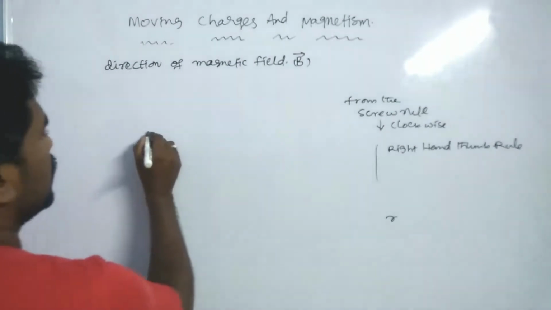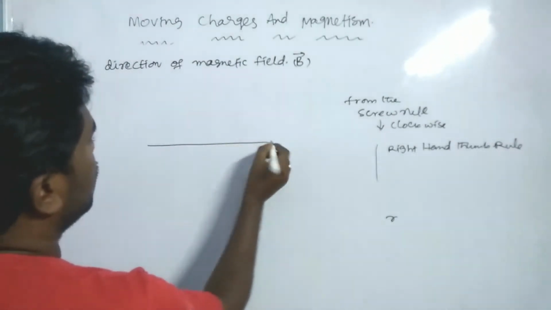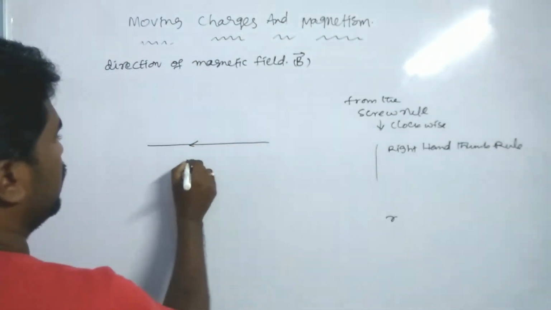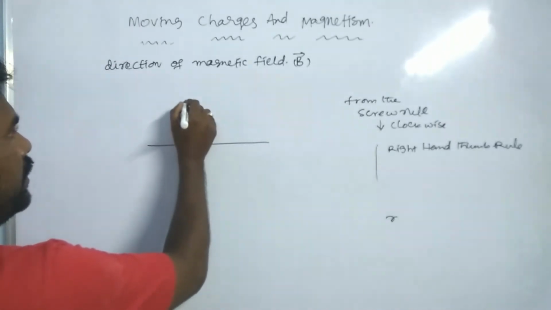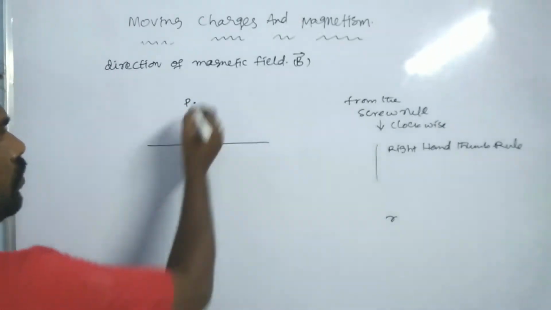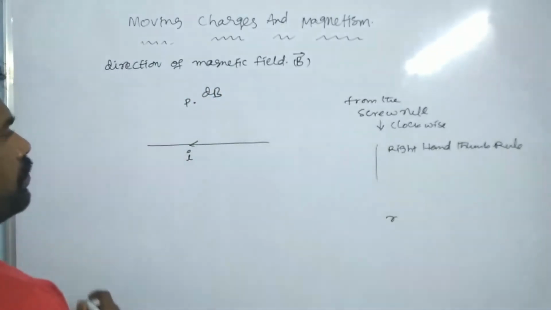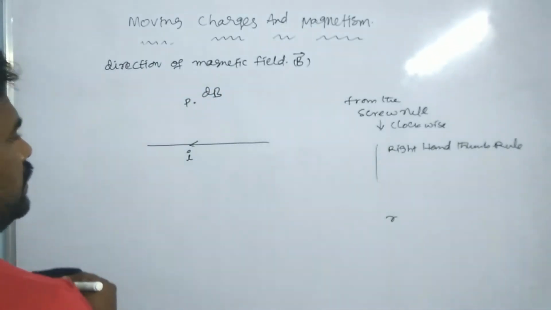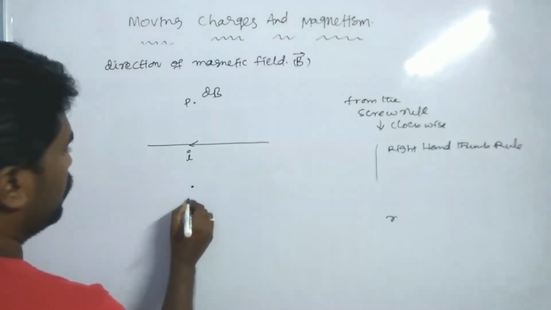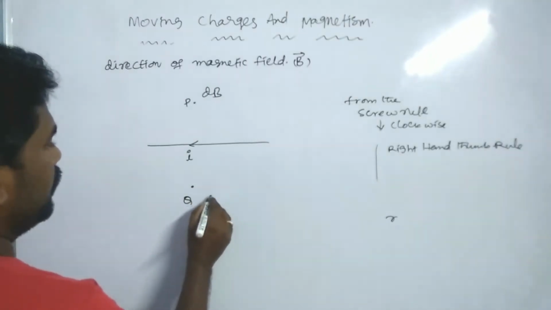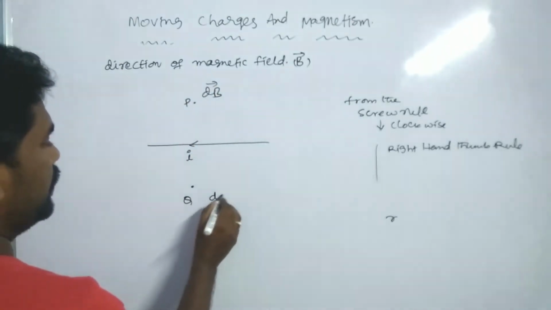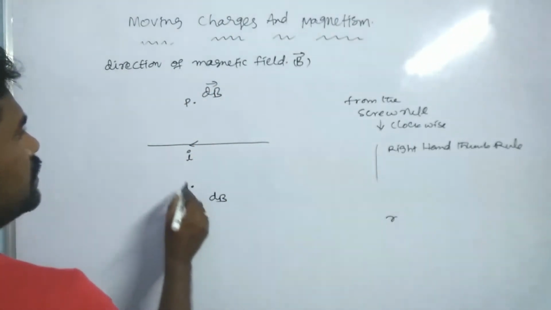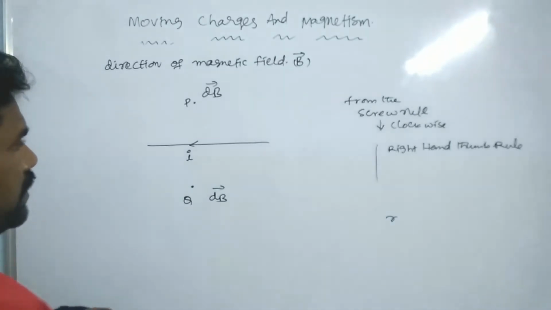Here there is a current carrying conductor I. There is a point P. At this point, what is the dB value, right? And at this point Q, what is the dB value? What is the direction of dB? Right? So let us see.